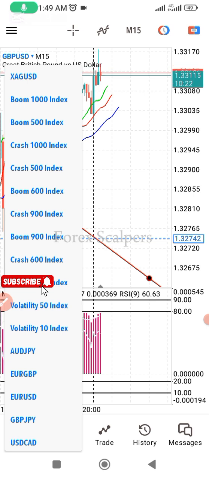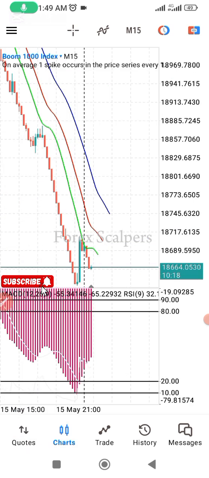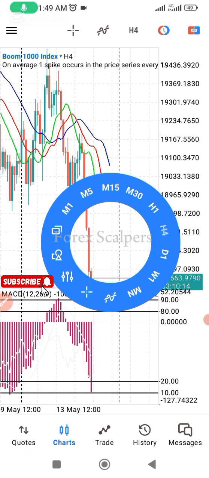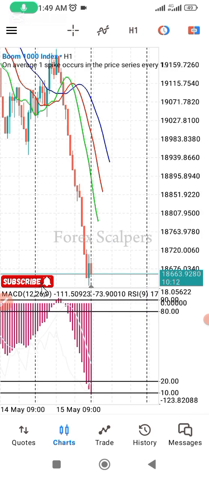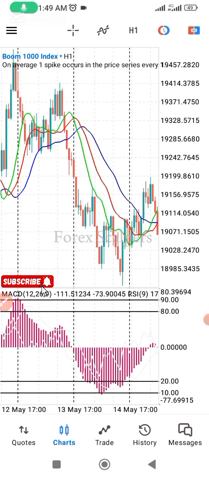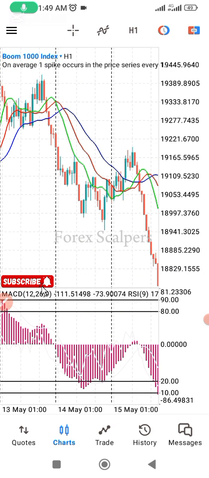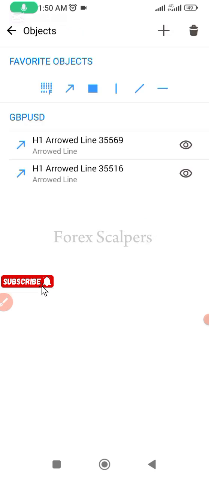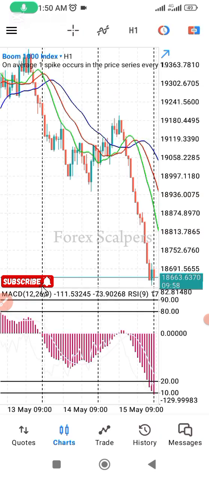So let's look at how we can apply it on the boom and crash market. Let's look at our H1 time frame. You can see that H1 has been bearish. So this is 1 hour, and the momentum of our MACD is below the zero level.